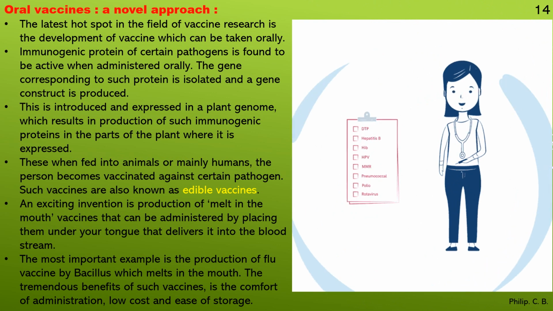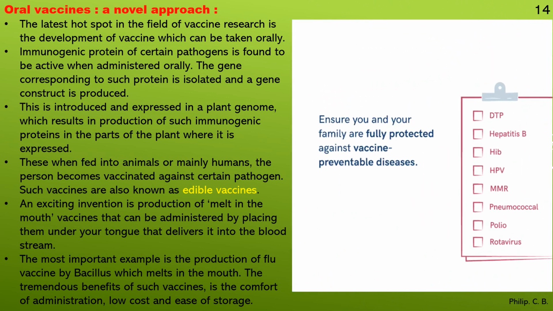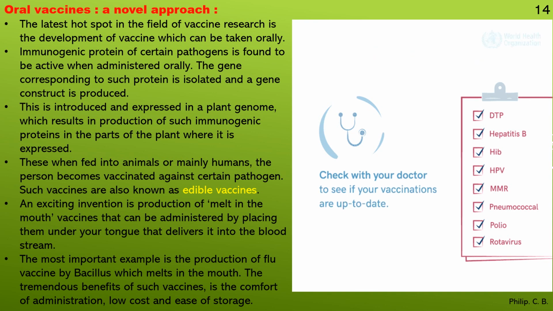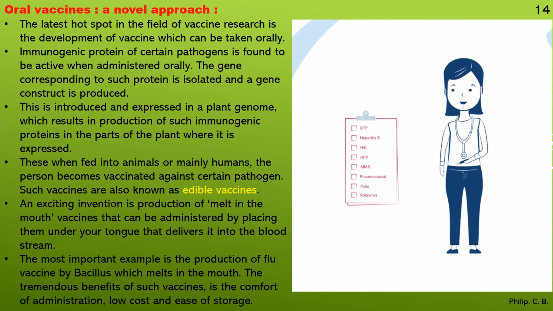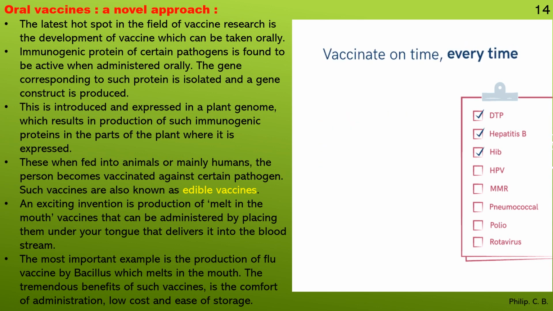Moving further, oral vaccines, a novel approach. Just as I told, as a child is born, from 0 to 5 years various vaccines are given, like DTP, hepatitis B, HIV, HPV, MMR, pneumococcal, polio, rotavirus. So we have to always keep updated, check with the doctor what vaccines you have to take at what month, in which year, on time, every time, right?